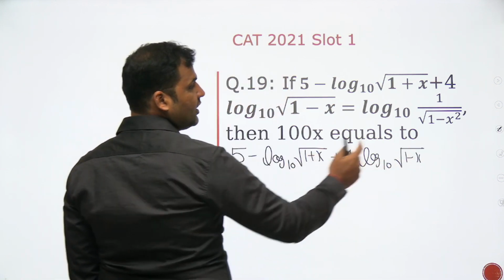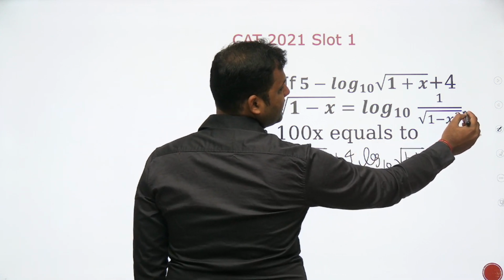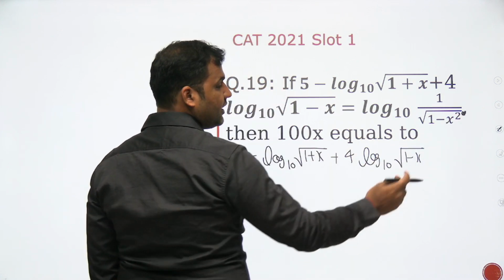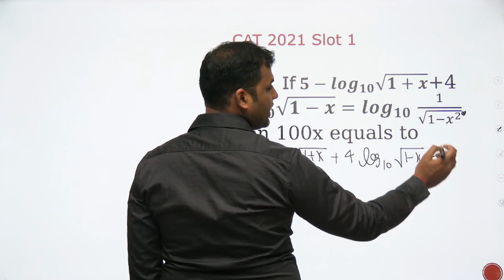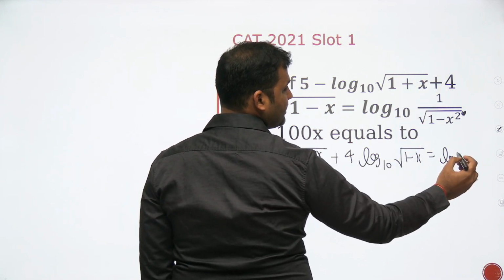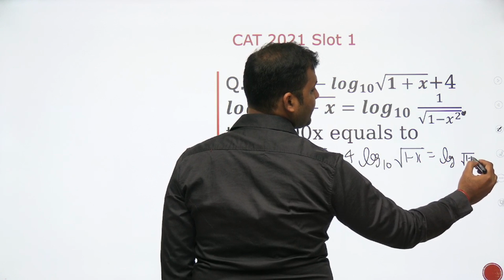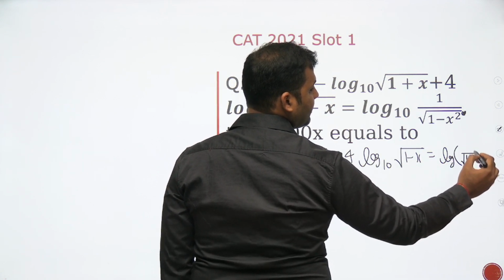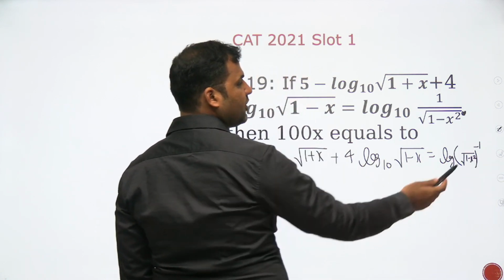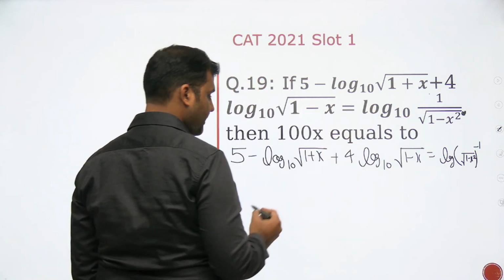You see that this is 1 minus x square. Can I take this value in the numerator? We can do that. This is log root of 1 minus x square raised to power minus 1. Why minus 1? Because I have taken it in the numerator.